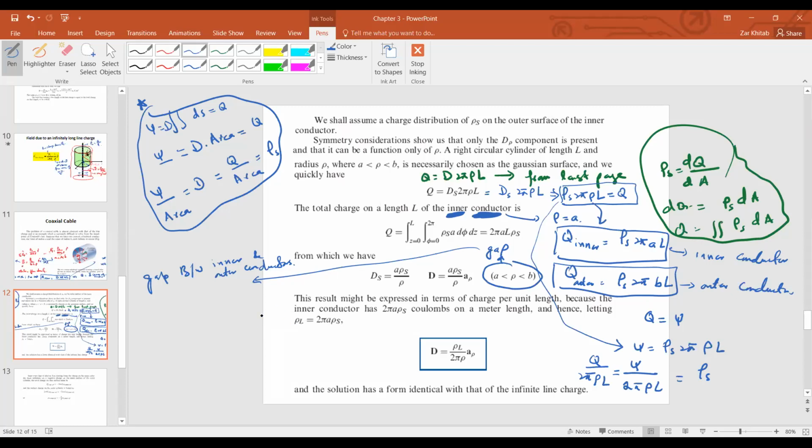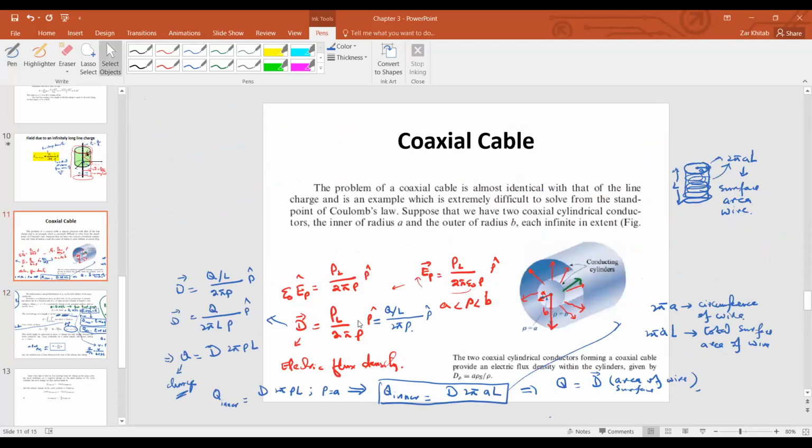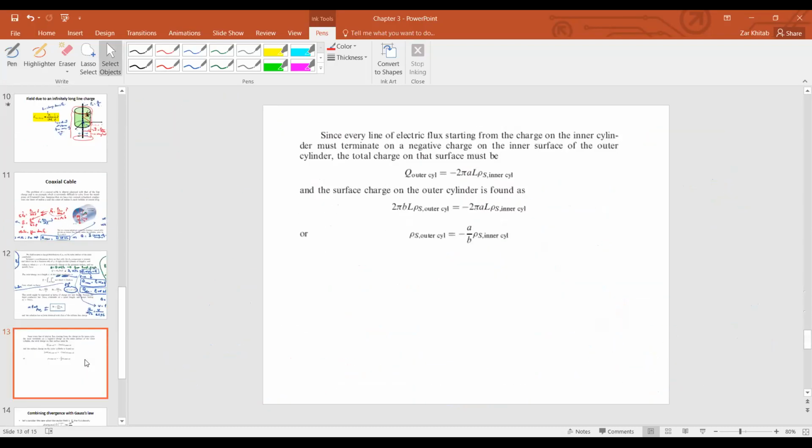Okay, so this we proved on the last page. We showed this equation on the last page. D is equal to rho L over 2 pi, because what we did was bring this epsilon naught here, and we get this equation, which is D equals rho L divided by 2 pi, right?